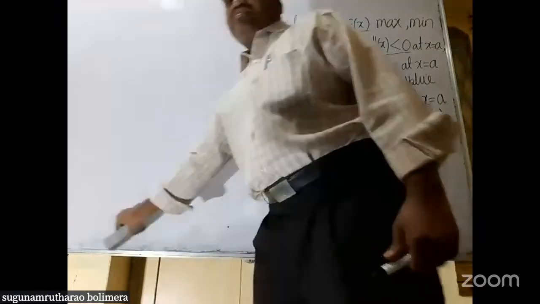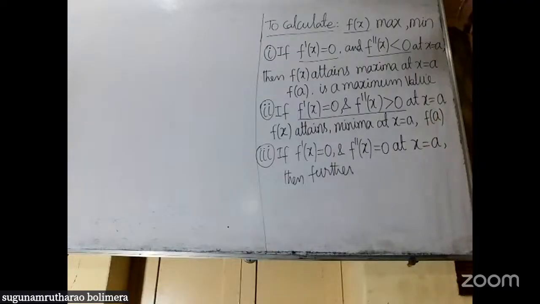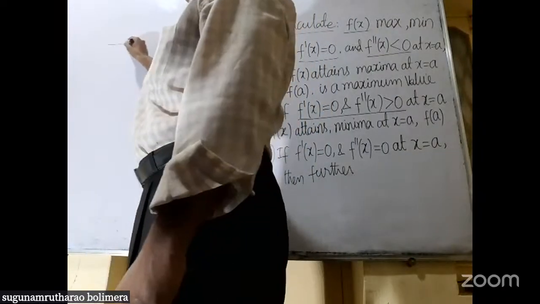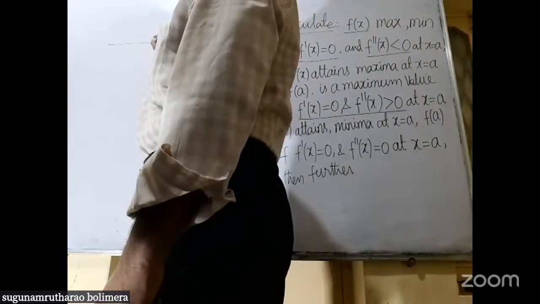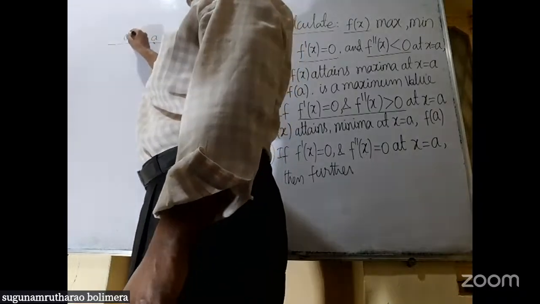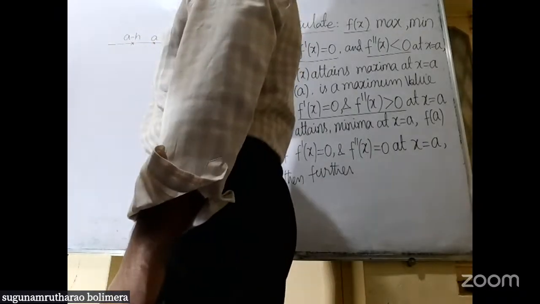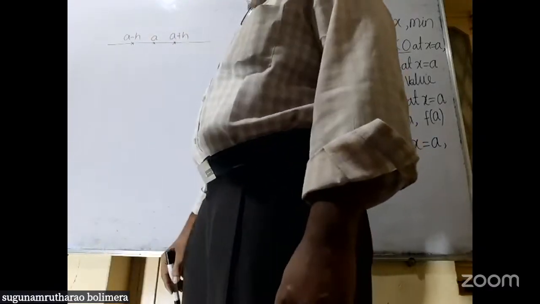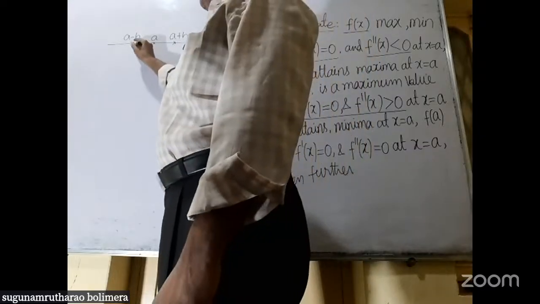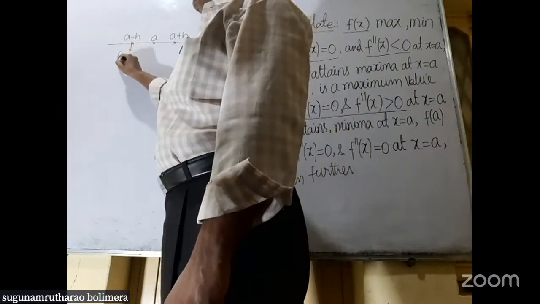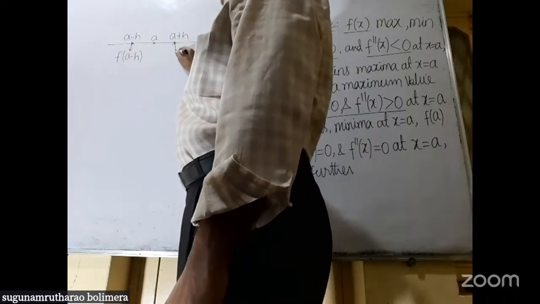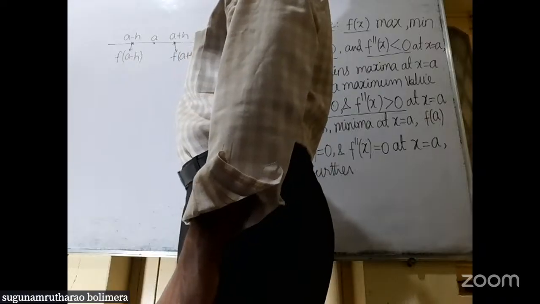What is that investigation? See here, you have a point a. This is a minus h. This is a plus h. So here we are finding f of a minus h, and here we are finding f of a plus h.